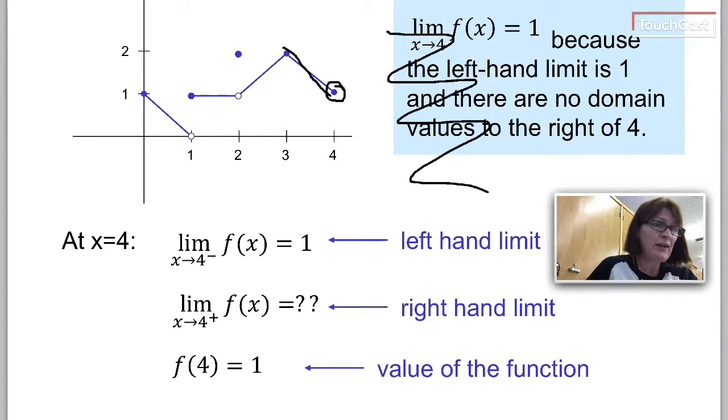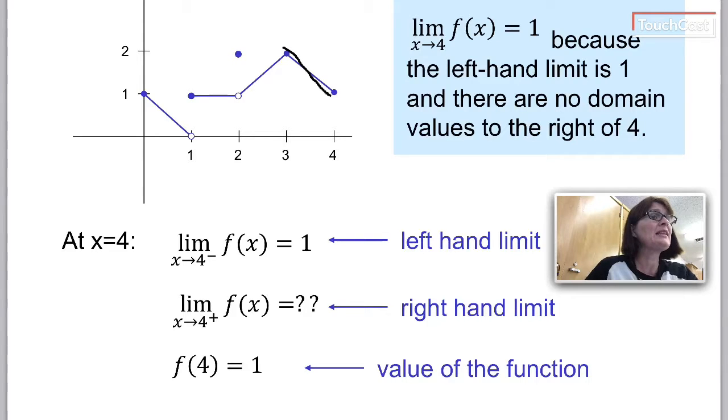I can tell what the function value is, and that's f of 4 is 1, because that's colored in. And I can say the limit does exist. The limit as x approaches 4 of f of x is 1, because the left-hand limit is 1. As I approached from the left, I got a y value of 1. And there aren't even any domain values to the right for me to worry about. So here, the limit does exist.